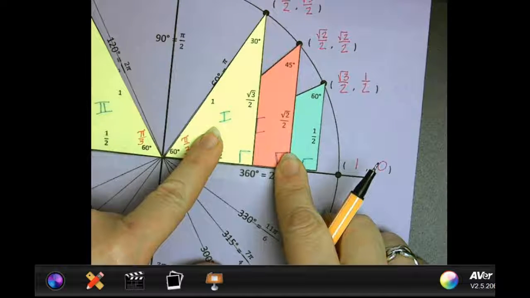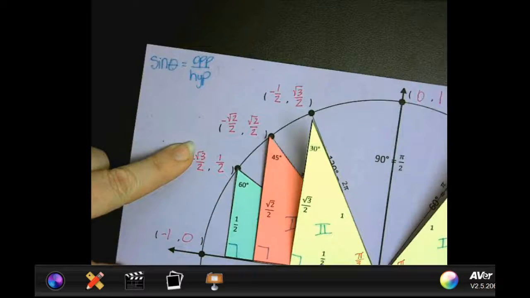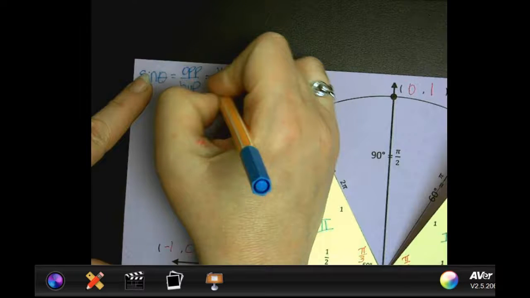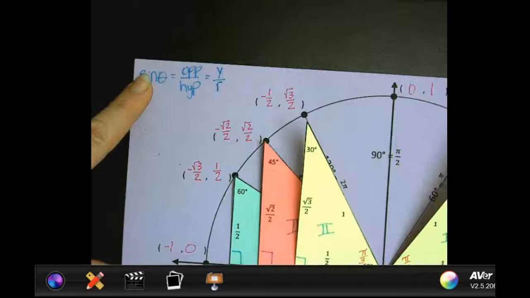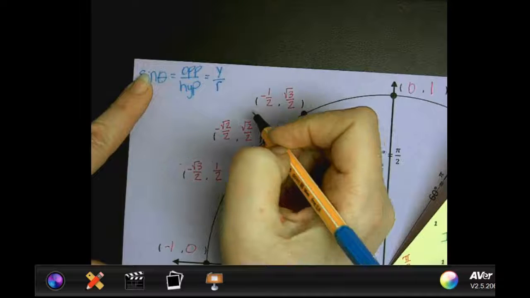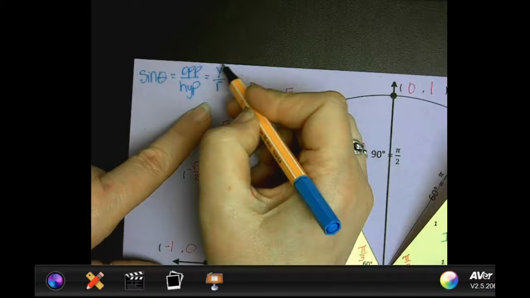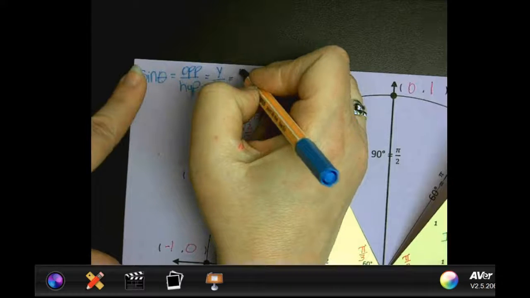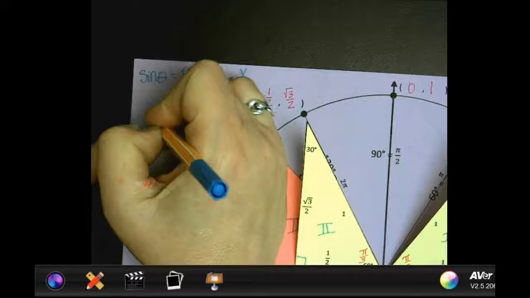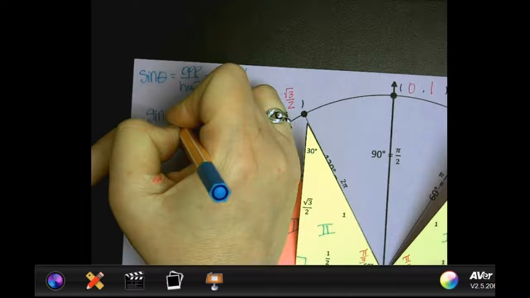The opposite is the y value. What's the hypotenuse? The radius. The sine of theta, which is opposite, is y value over the radius every single time. Now, specifically for this circle, what's the length of the radius? 1, because it's a unit circle, but not all circles we deal with will be unit circles. That's why this part is important. But for us right now, this is y over 1, which means that the sine of theta is y.